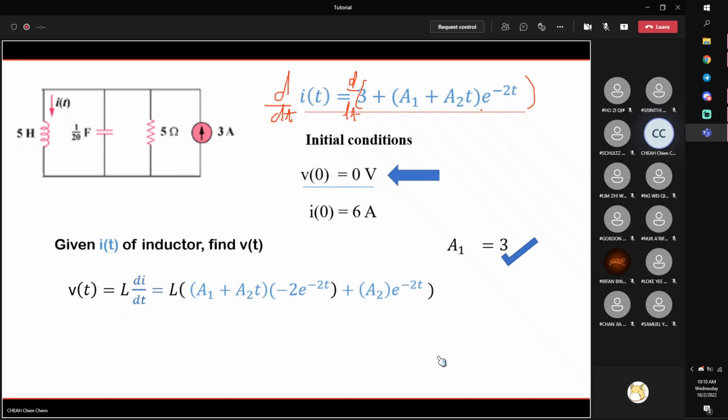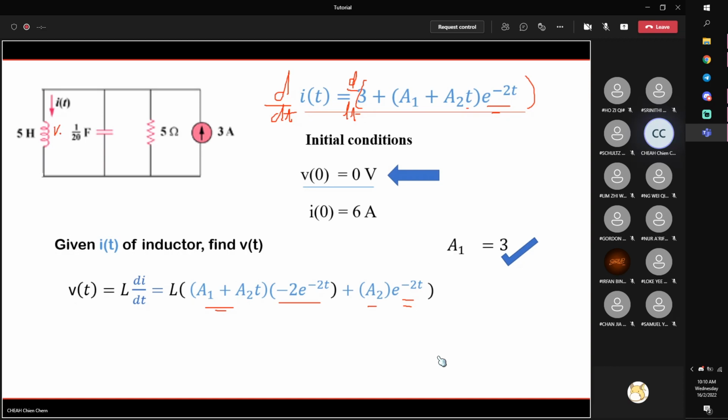You differentiate the exponential term first, you get this one. Then next you fix the exponential term and differentiate the terms in the bracket. You get A2 only, because t differentiated with respect to t is 1, and constants differentiated with respect to time is 0. So this is my voltage across the inductor. Here you can also see that after you find this current, you can actually use it to find a lot of things. You can find the voltage across the inductor.